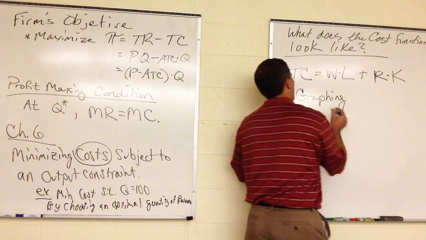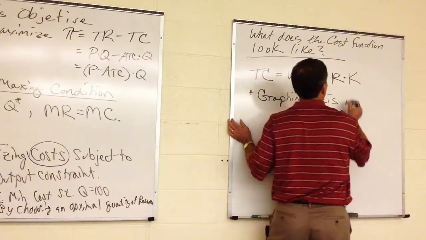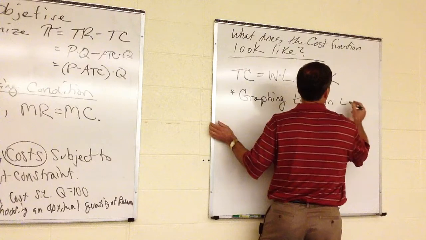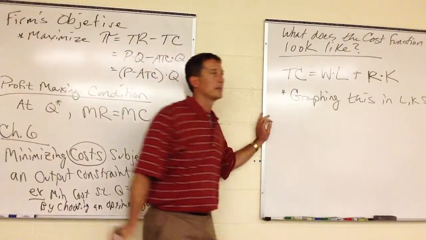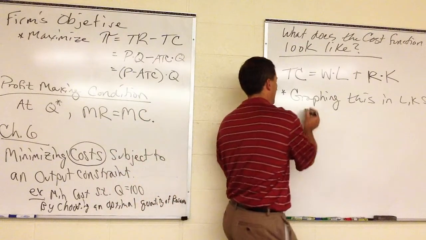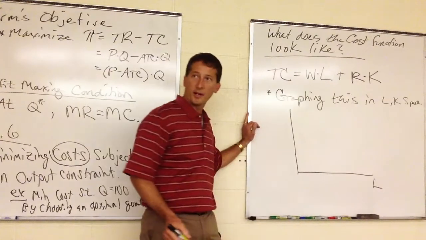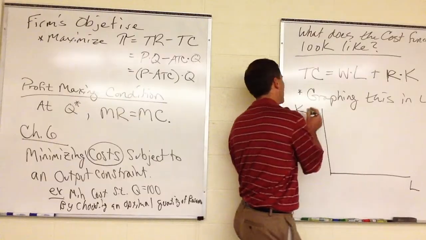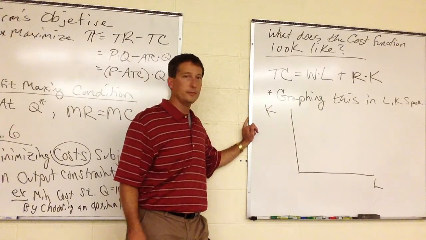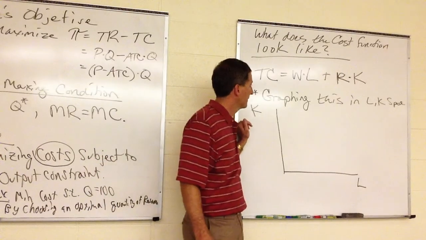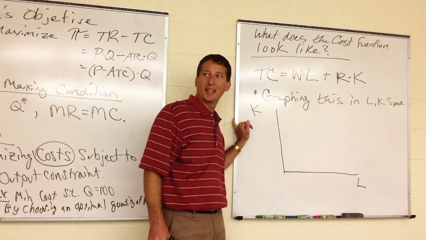How about if we graph this? Graphing this in LK space. So let's put labor on the horizontal axis, capital on the vertical axis. What does that function look like?